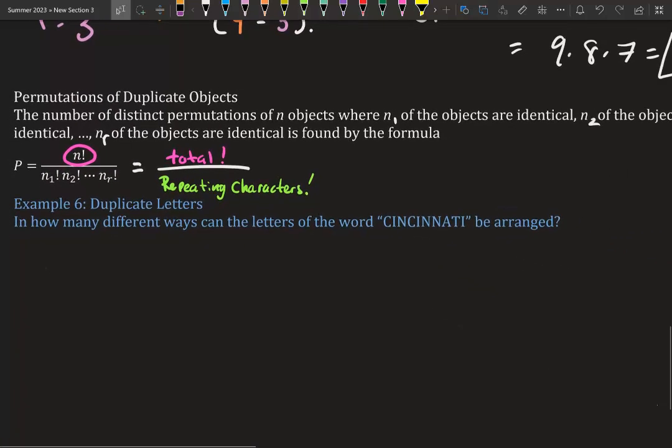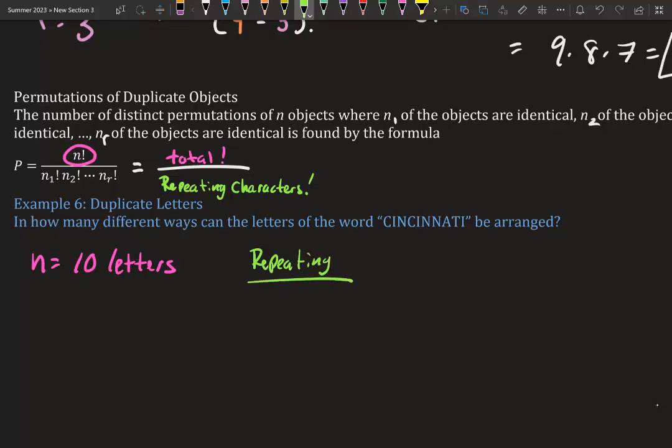So, in how many different ways can the letters of the word Cincinnati be arranged? First thing, let's find our total, meaning how many letters do we have? We have 10 letters. So our n is 10 because we have 10 letters in the word Cincinnati. Now, let's look for repeating characters. So repeating, we have 3 I's.